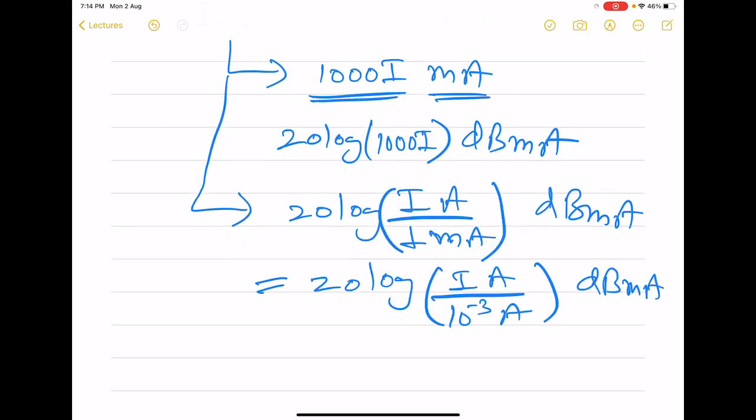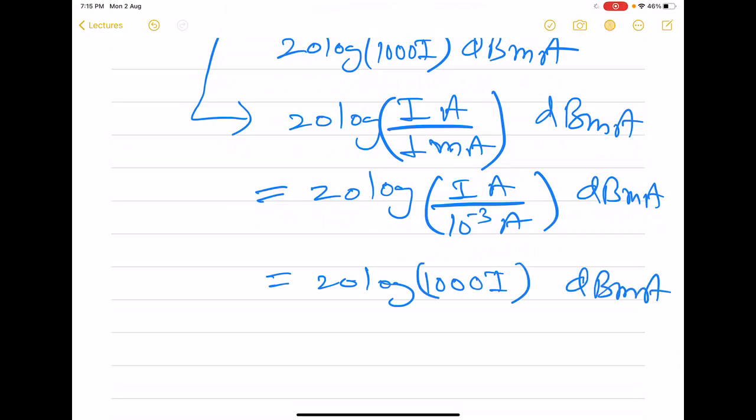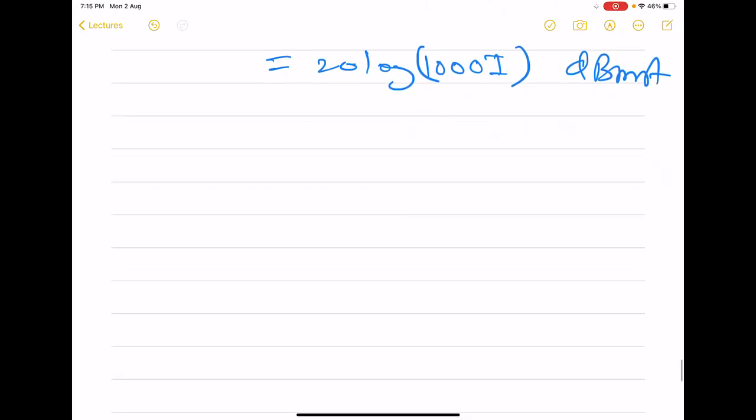So in both cases we will end up with the same value. So this was about the dB scale.